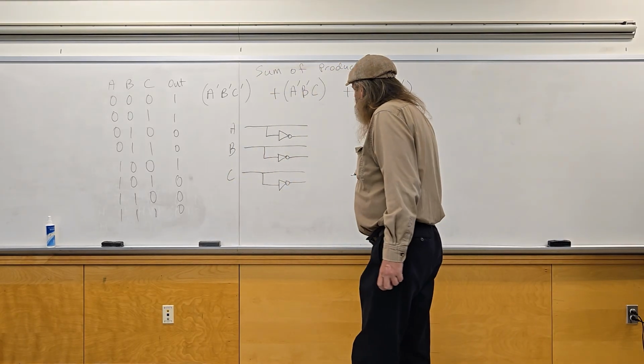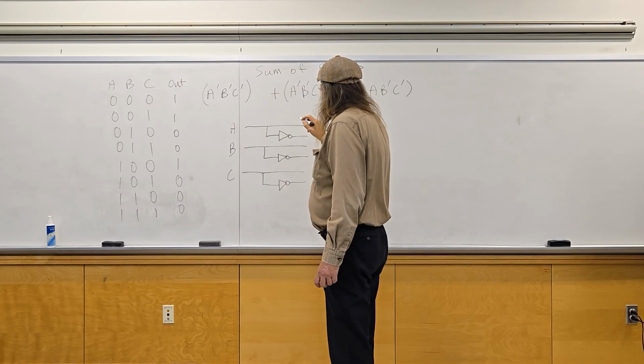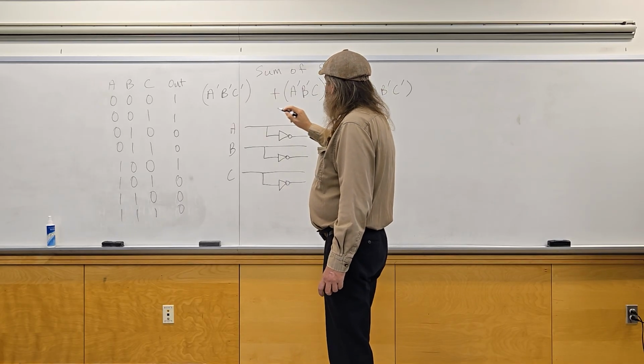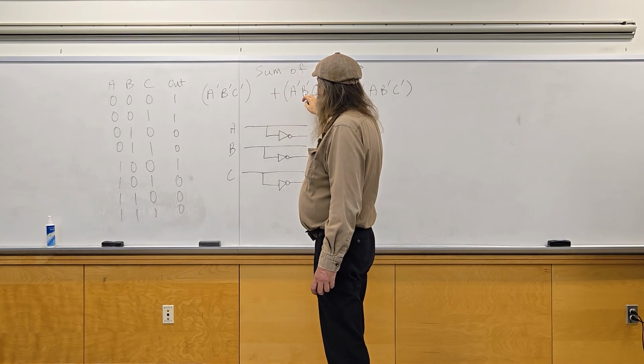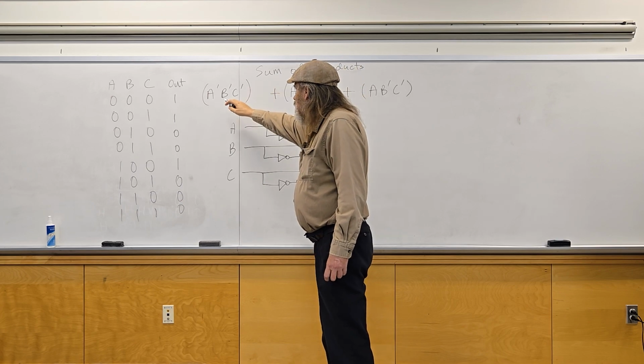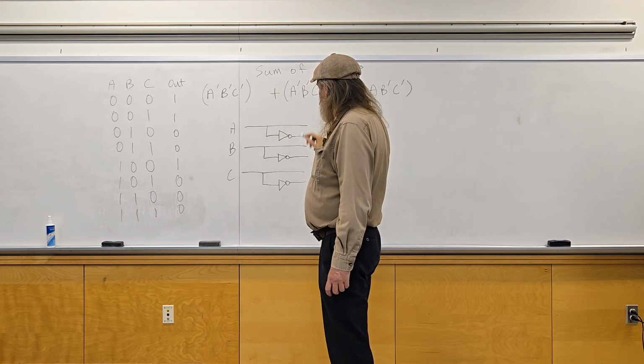And you have A and B prime, A prime and B prime in two places.